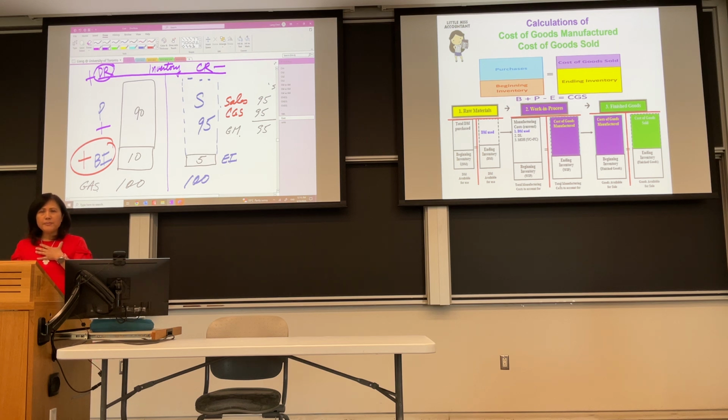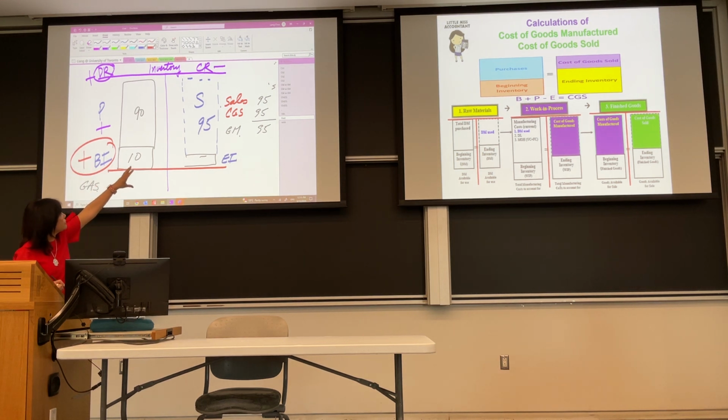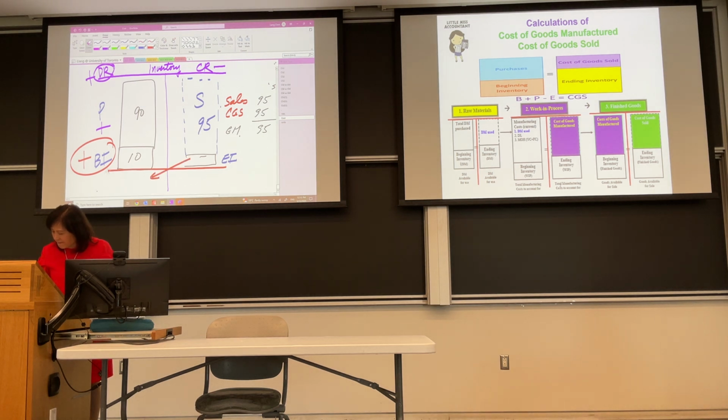So from the boxes, this side equals this side, but if I use the T account, normally what we will do is beginning plus purchase, additional, all these on the debit side, minus whatever we used up, the ending is here, ending inventory.